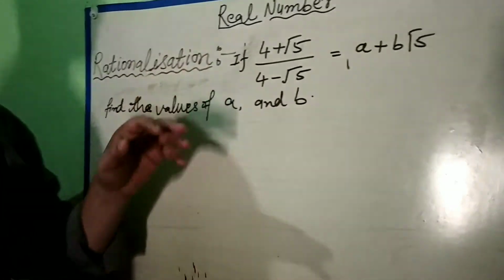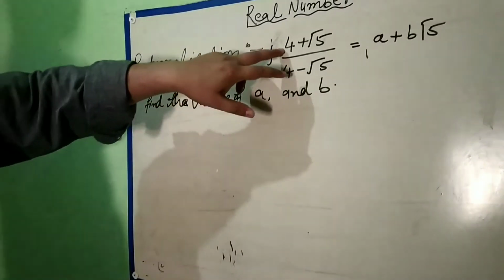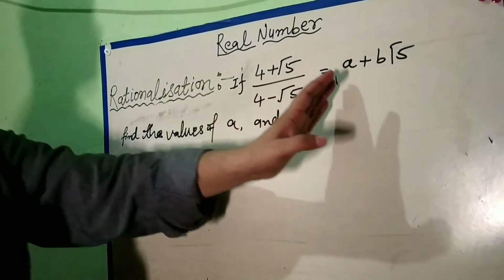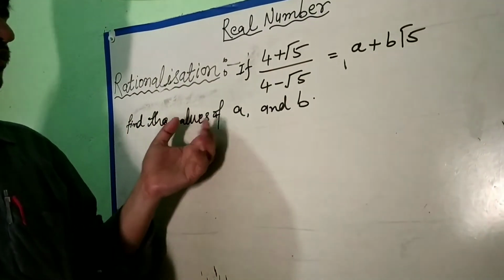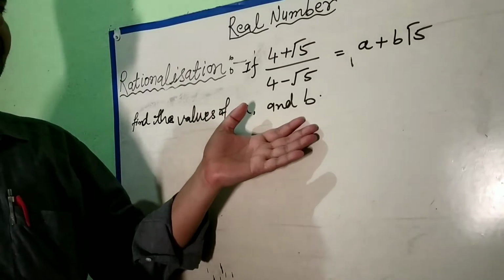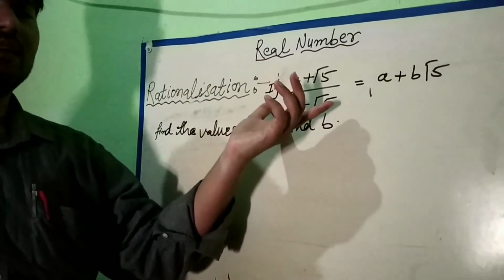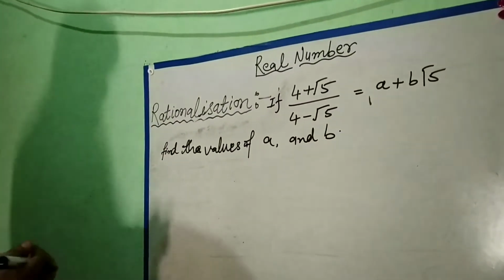is a very common type, which is frequently asked and most of you have solved it also. If 4 plus root 5 upon 4 minus root 5 is equal to a plus b root 5, find the values of a and b. That means we have to find a and b. So we will take the LHS and rationalize it first.